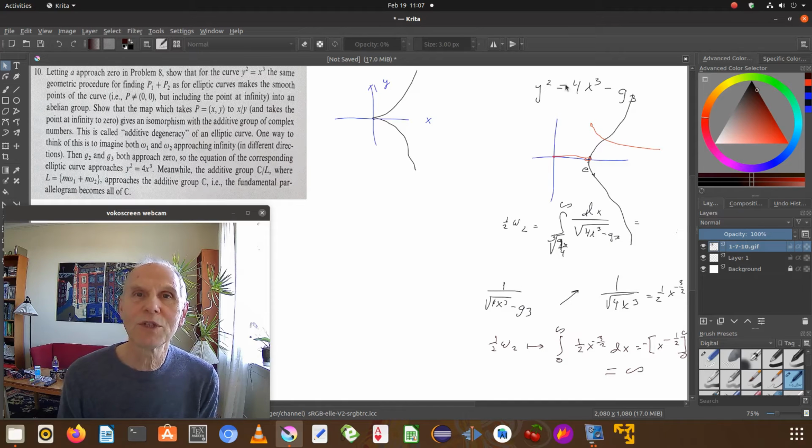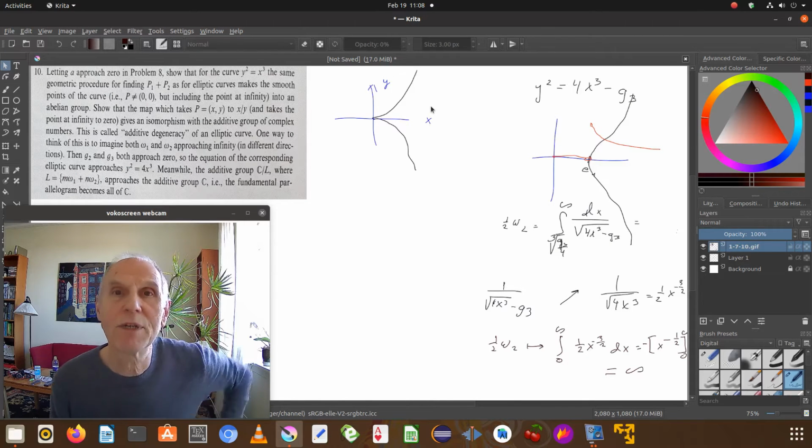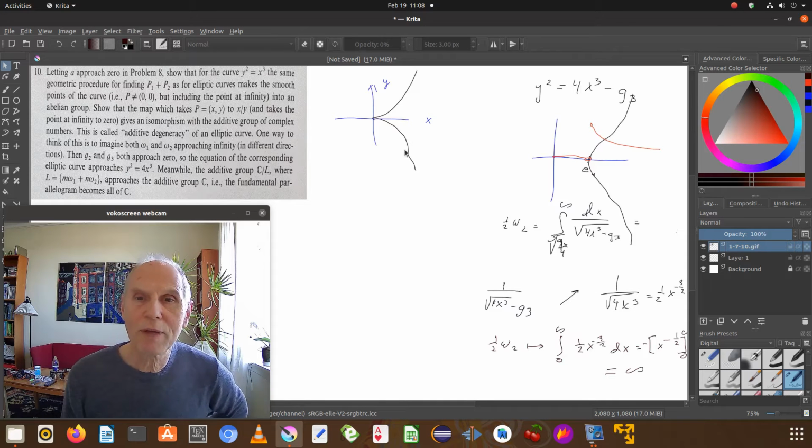So we'll use the limiting process and say that on these curves, as g3 tends to 0, on each curve we have addition, and then we shall have a limit of a point on this curve to a point on this curve, and then define the sum as the limit. So that's my program.